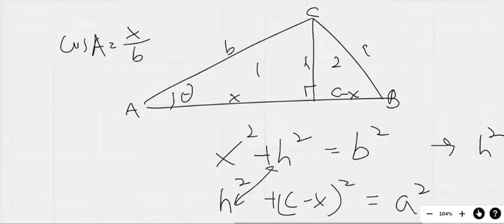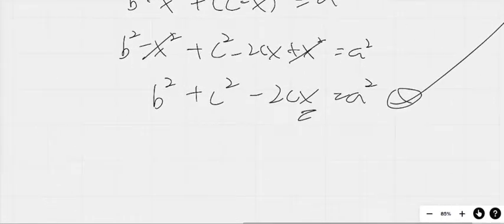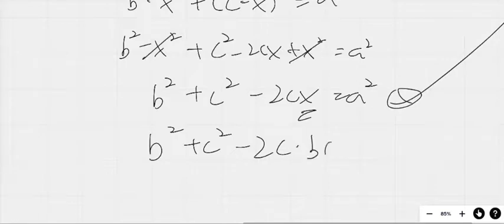Therefore, we can say x is equal to b cosine A. Now let's plug that in, and you have b squared plus c squared minus 2c times b cosine A. And now you have the equation.